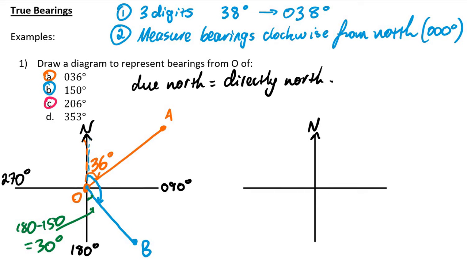C, 206 degrees. A 206 degree bearing is going to be in that quadrant there.